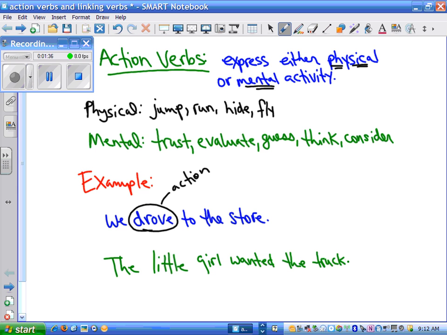Other words in the sentence, the parts of speech for them. We, of course, is a pronoun, first person, personal, plural pronoun. Store, common noun, also concrete, right? And then the is an adjective. And remember, we've talked about it as a definite article.